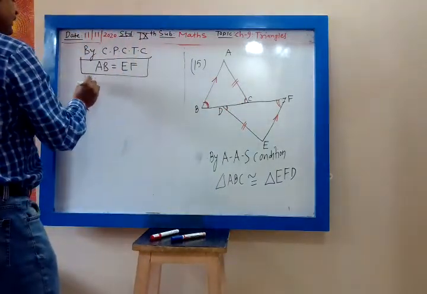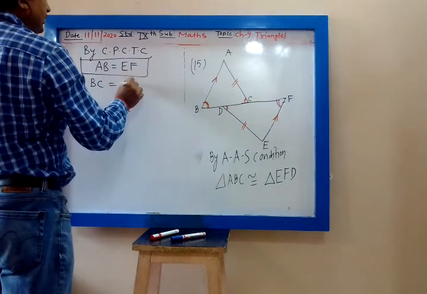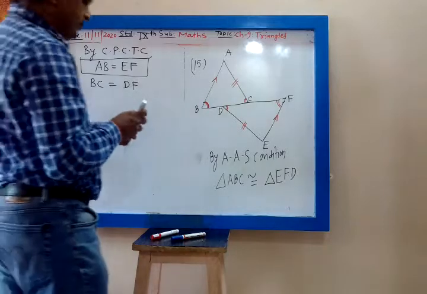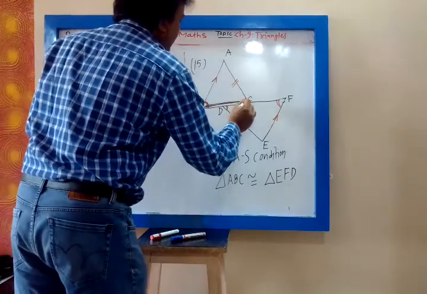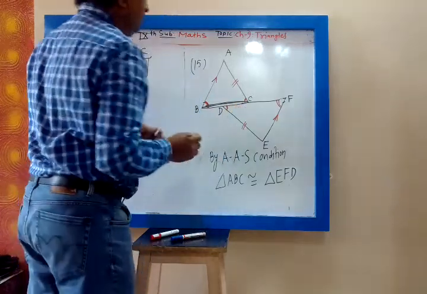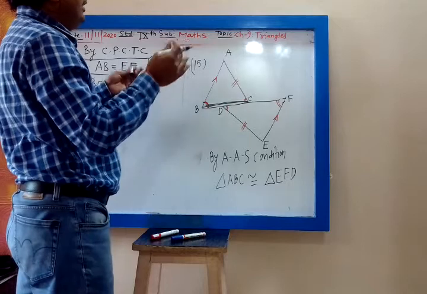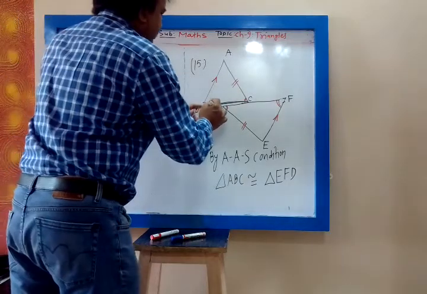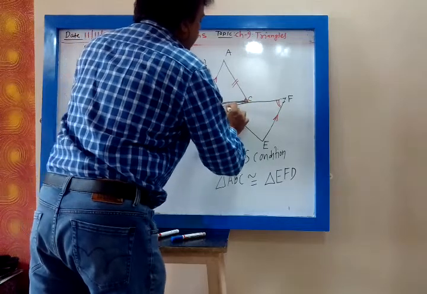So you will get BC is equal to DF. BC is the side of this triangle. Forget about that, that will come later on. First we apply CPCTC. So BC is equal to DF.